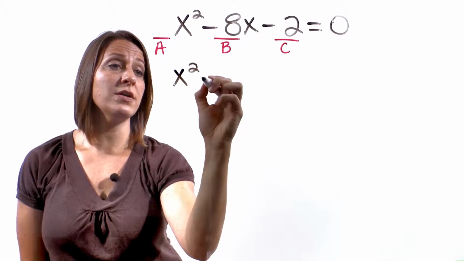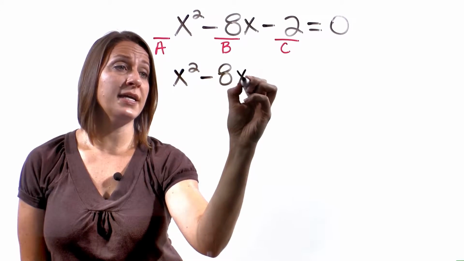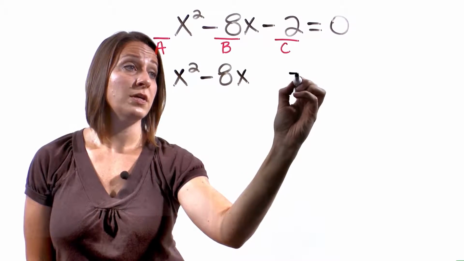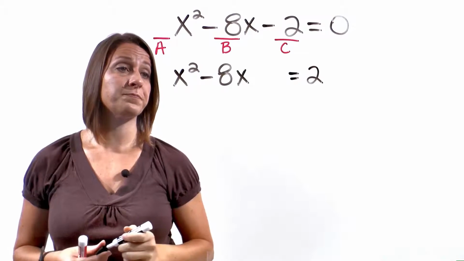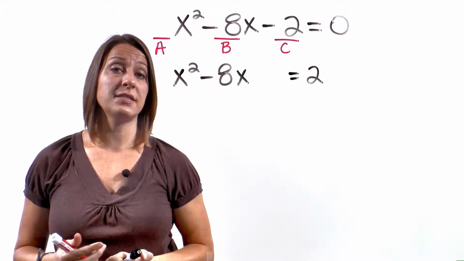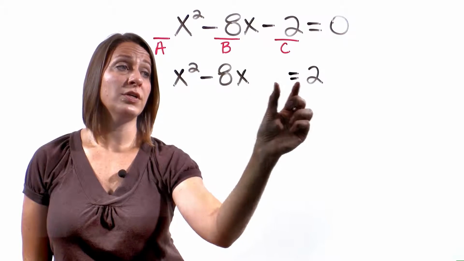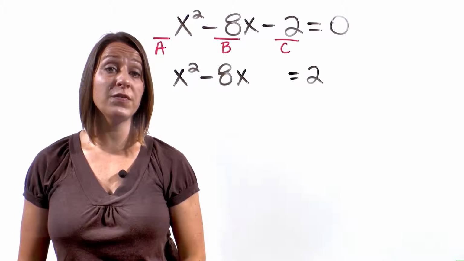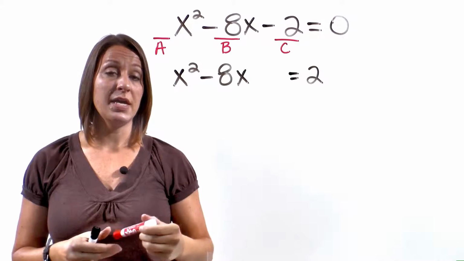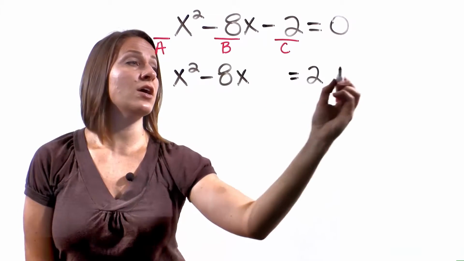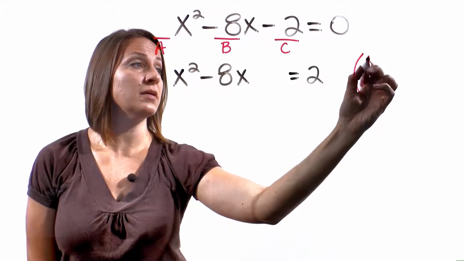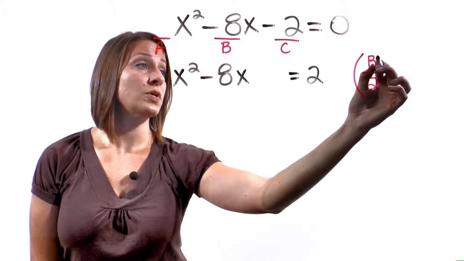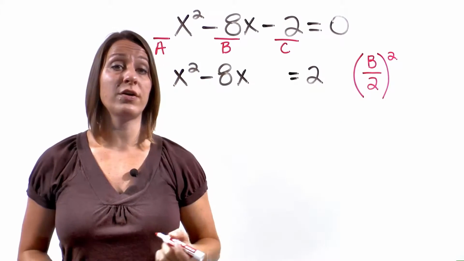So we have x squared minus 8x, and I'm going to leave a space because I'm about to put a new number here, equals 2. Next, we want to add a number to both sides so that this trinomial on the left is a perfect square trinomial. Here's how we do that. We're going to take our coefficient b, divide it by 2, and then square that number.